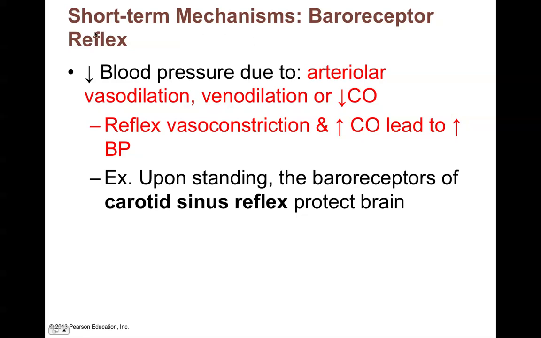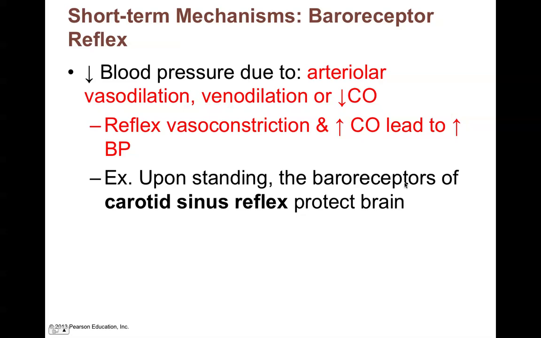There's also a short-term mechanism related to the baroreceptor reflex: when blood pressure drops due to arteriolar dilation, venodilation, or decreased cardiac output, you have reflex vasoconstriction, and then this will increase the cardiac output, which will then, of course, increase the blood pressure back up to normal.